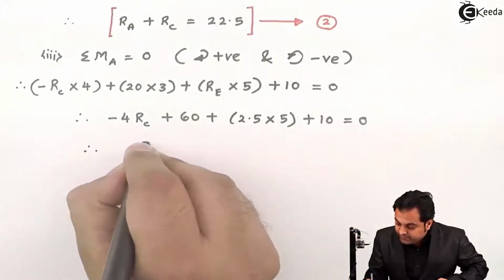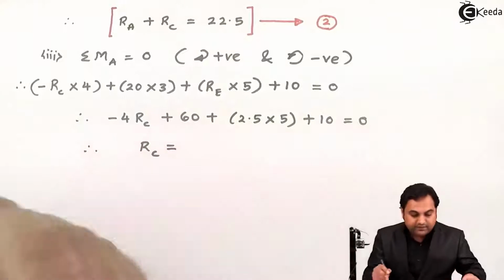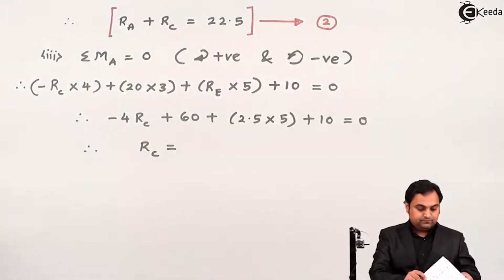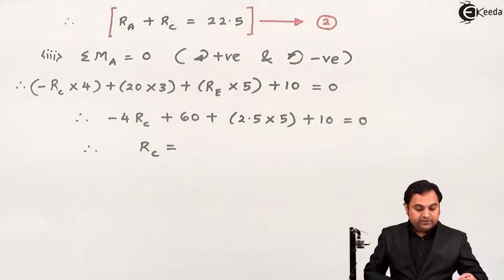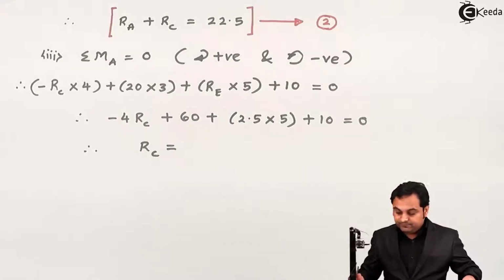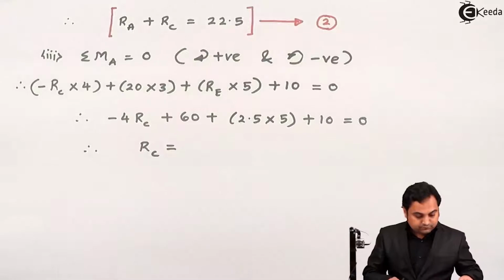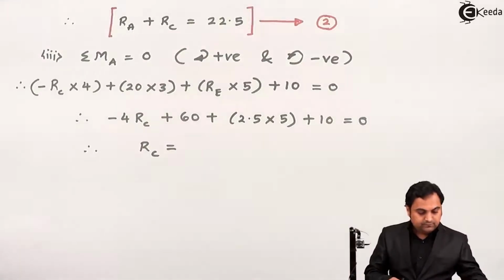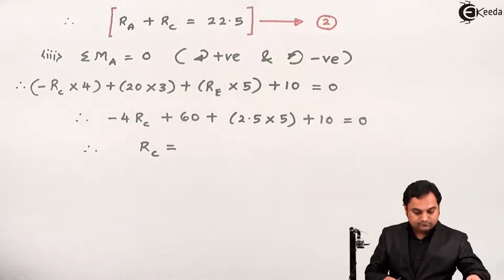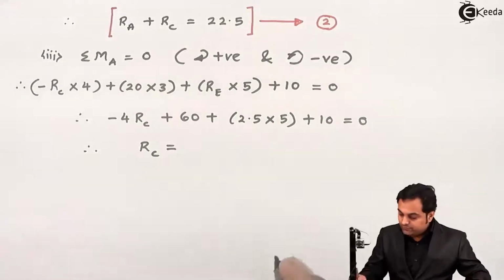On calculating, I'll get the answer of Rc as 21.25 kilonewton, 21.25 kilonewton.